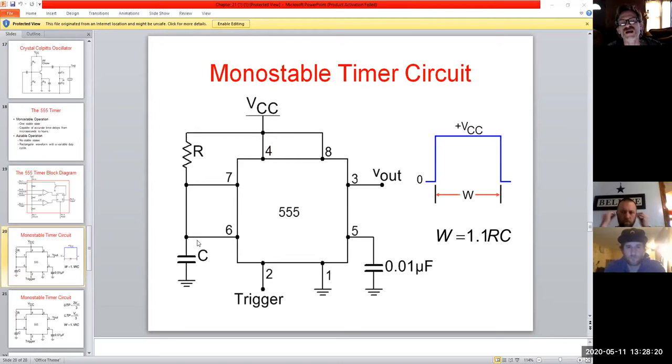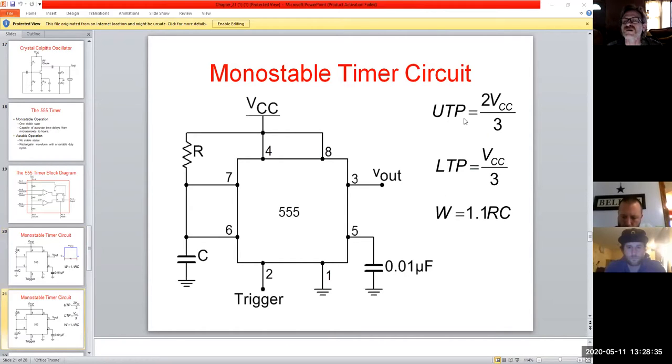And so it's very RC oriented, and I can set it up with a 50% duty cycle where it emulates a proper square wave if I wanted to. I could make it set up for trigger pulses. But your upper trigger point has a formula, your lower trigger point has a particular formula.